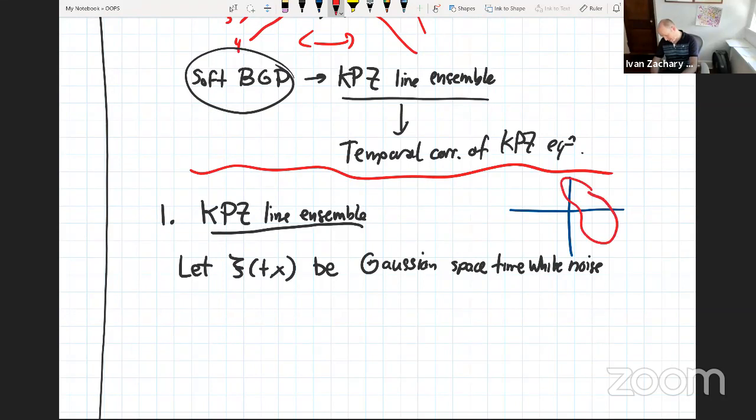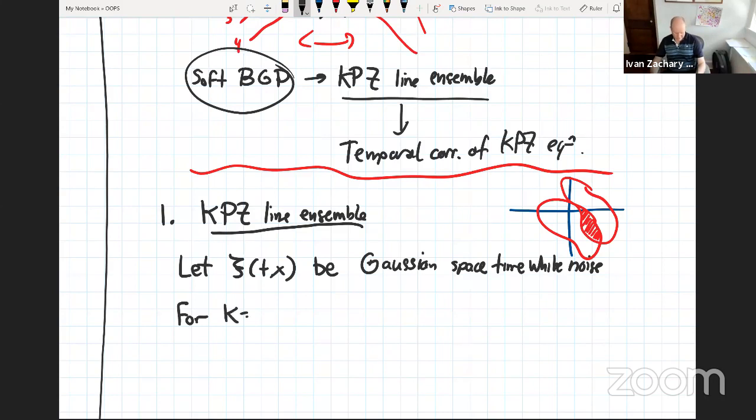If I have two regions, A and B, then the covariance of the integral of the space-time white noise over A with that of the integral over B is just the area of the overlap. So it's a pretty easy object. It's not a function, it's a generalized function. It has negative regularity.